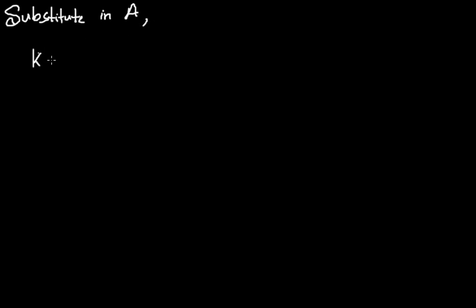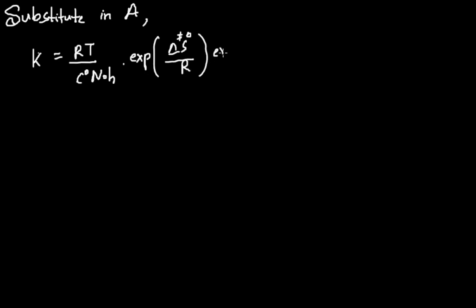So K will be equal to RT by C naught N naught h, exponential delta S by R, exponential delta Ng, and exponential.